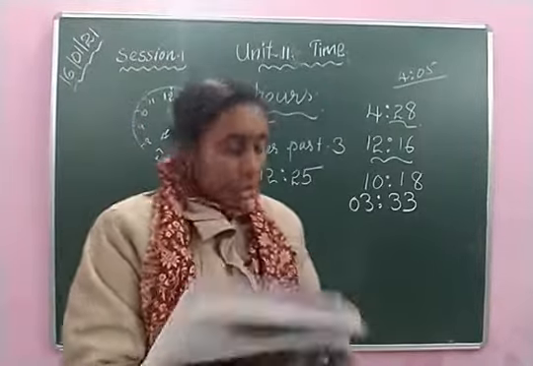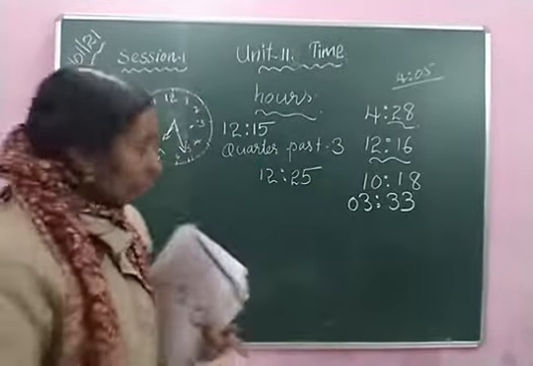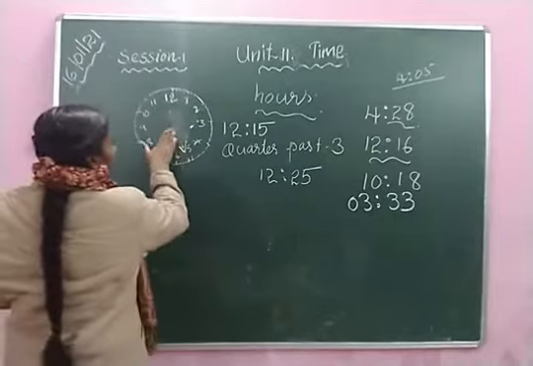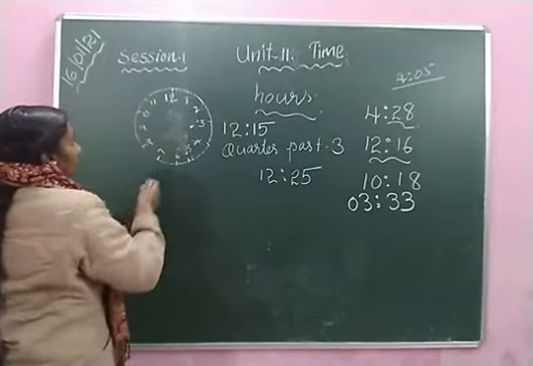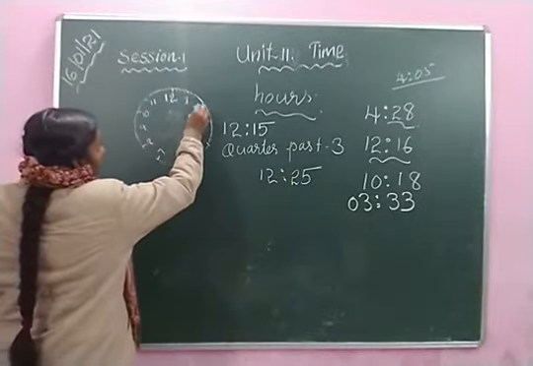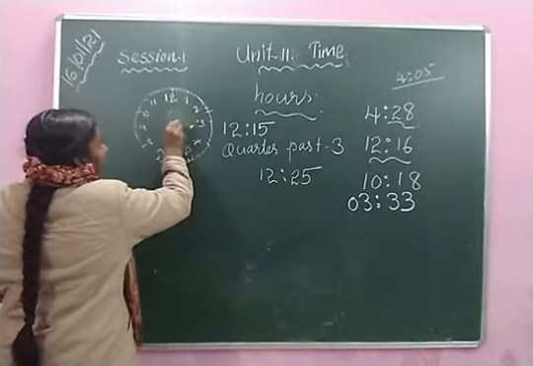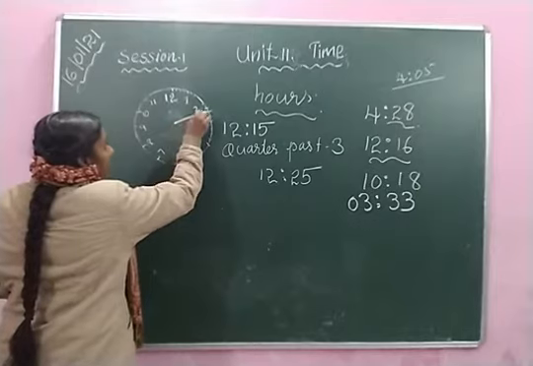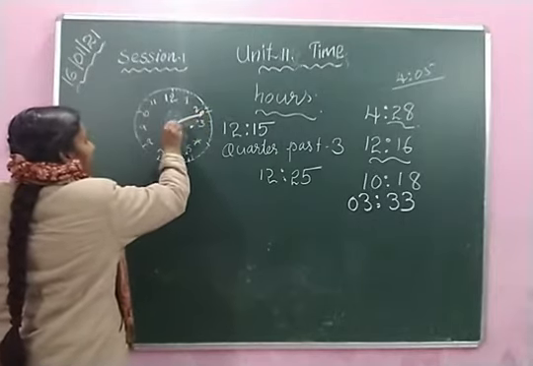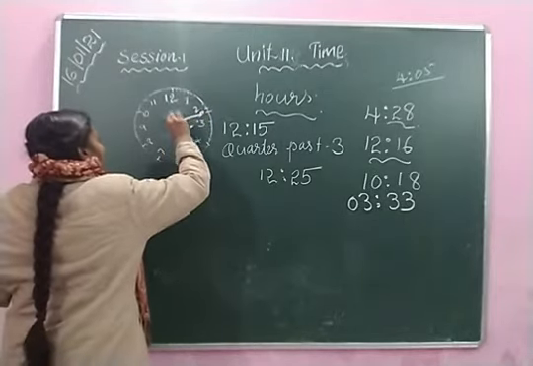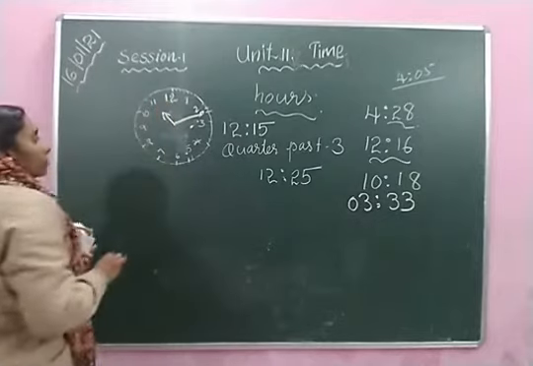Next, 11:12. How can we draw 11:12? 12 minutes means 5 twos are 10. The short hand is at 11 and the long hand will be here.